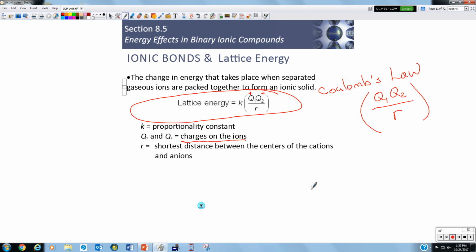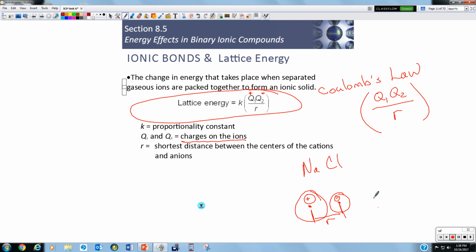If we're looking at a reaction between sodium and chlorine, sodium chloride, we have the sodium atom, which is going to be a little bit larger than the chlorine atom. All right, so sodium is our positive ion, chlorine is our negative ion, and it's going to look like this. When I say radius, I'm talking about the distance from the nucleus to the nucleus. This is our R.